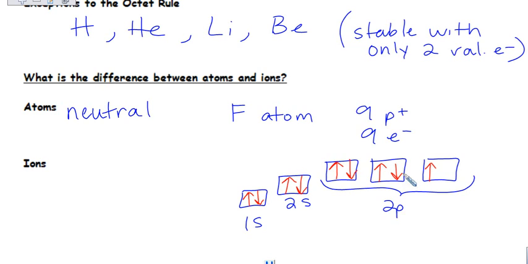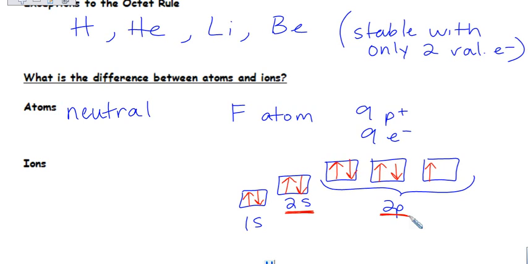Here is the fluorine atom. It's neutral, but it is not stable. Stable is having a full outer shell of electrons. The outer shell is not full. The outermost shell is the second, or the outermost energy level. So we're looking at the 2s and the 2p. The 2s is full, but the 2p is not. We'd like to have 6 electrons in the 2p.